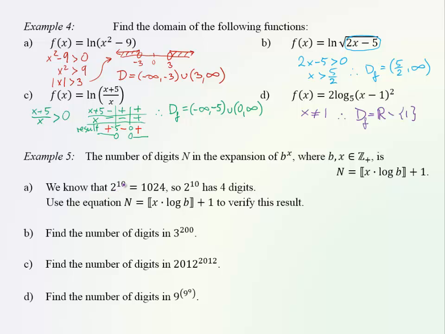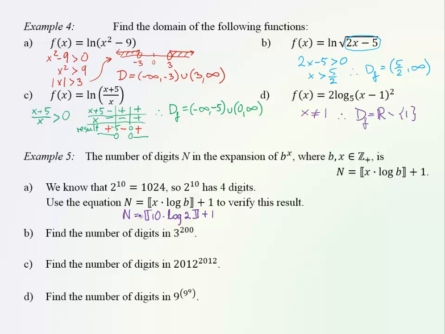Okay, we know that 2 to the 10 is 1024. 2 to the 10 has 4 digits then. Well, let's verify that this formula really works. So, the x is the exponent, which is 10, times log b. b is 2, so it's log 2. Take the greatest integer of this value and add 1.